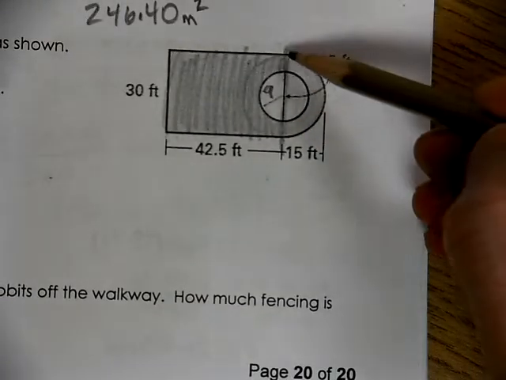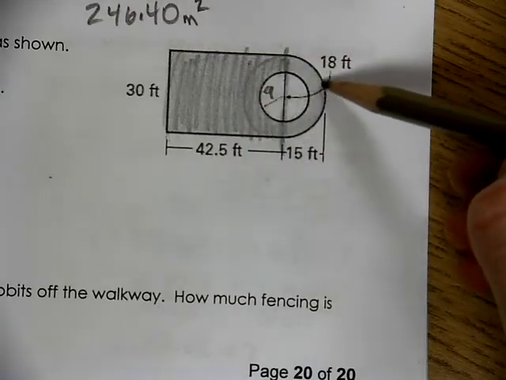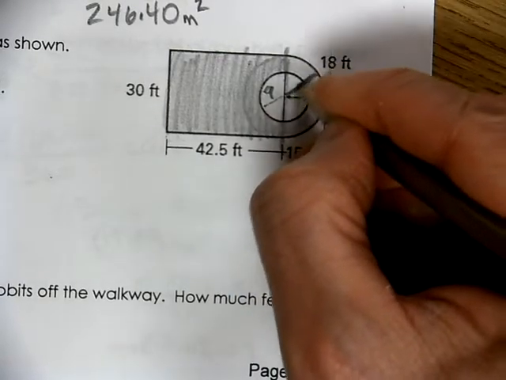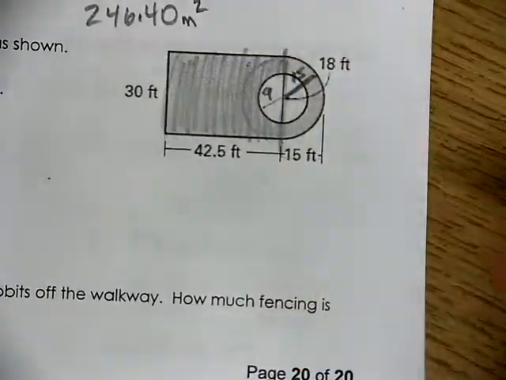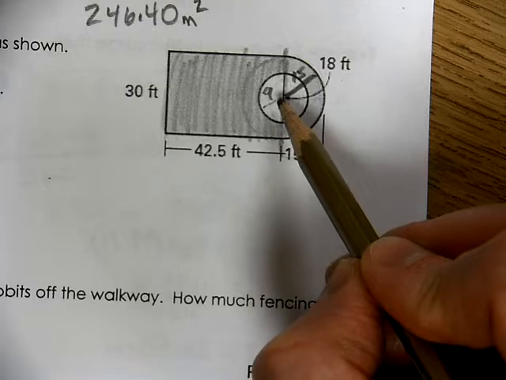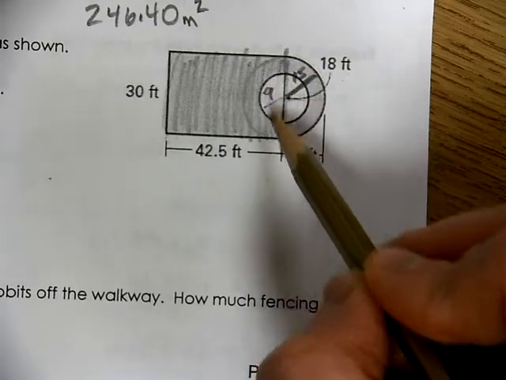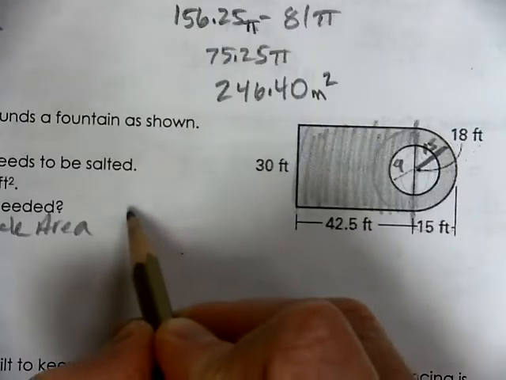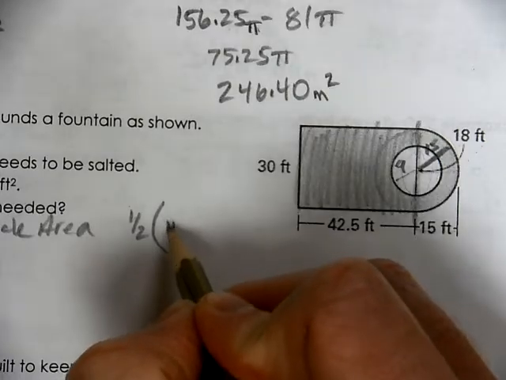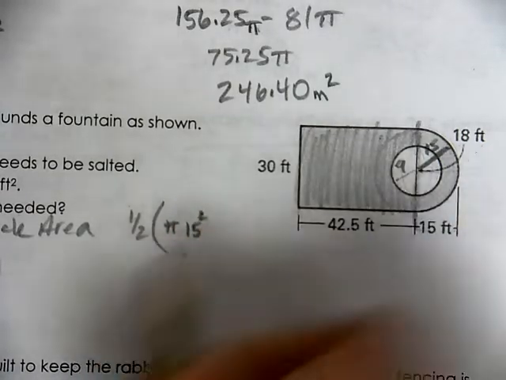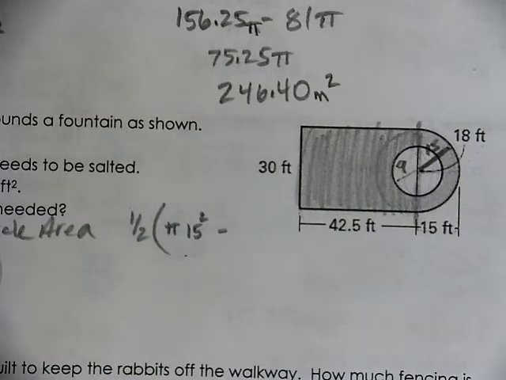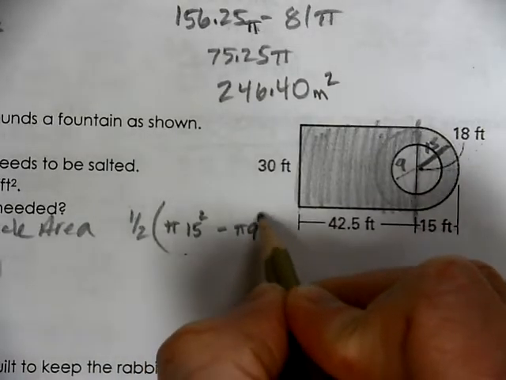Now we have this other half to do. We have this big circle that has a radius of 15, and we have to subtract the small circle with a radius of 9, but we only want half of it. So we want half of pi 15 squared minus pi 9 squared.